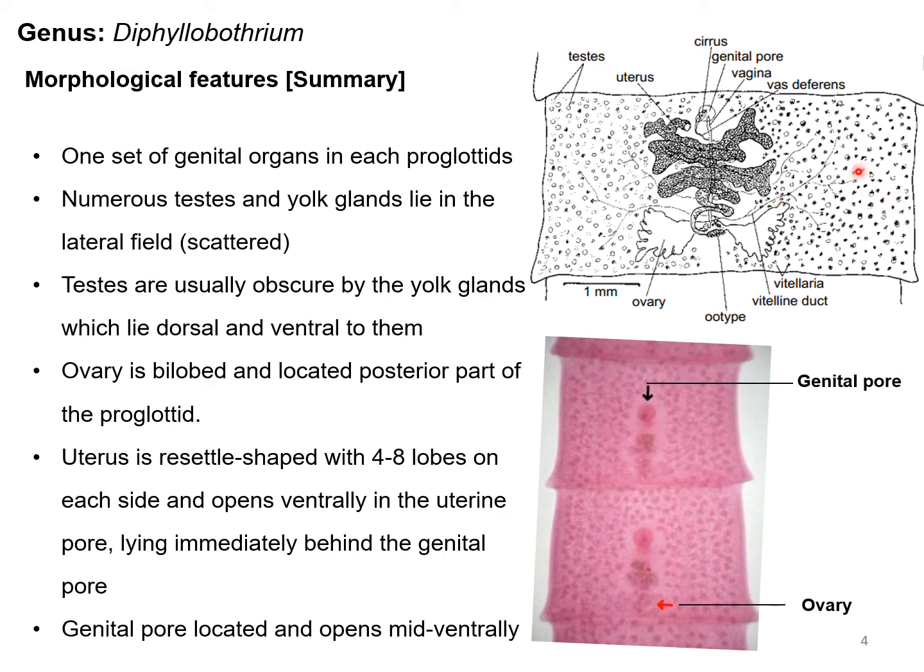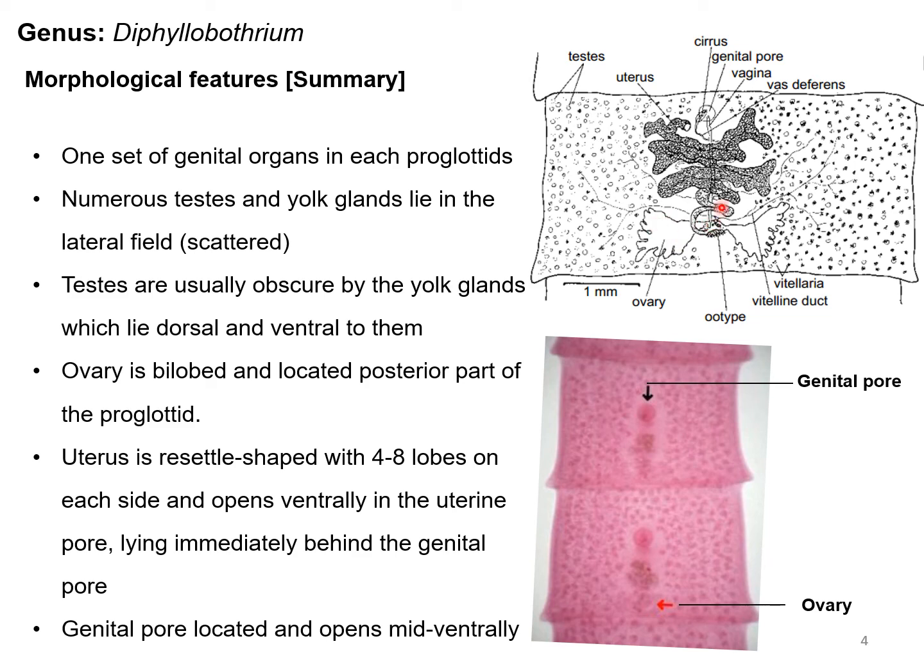The black dots are the vitelline gland and the white dots are the testes. They are mixed together and located scattered throughout each of the proglottids. And the ovary is bilobed. There are two ovaries and each of the ovaries is lobulated.